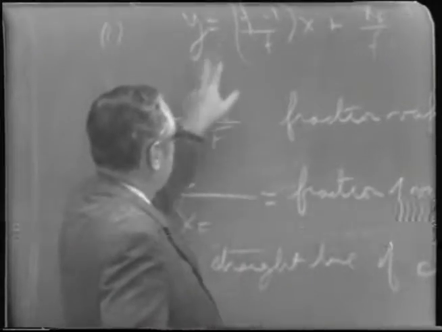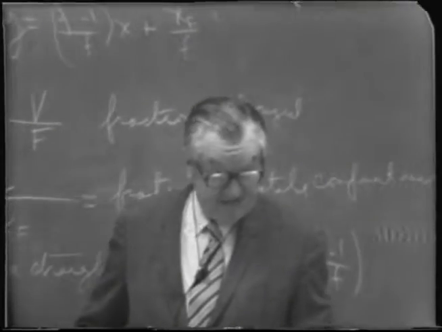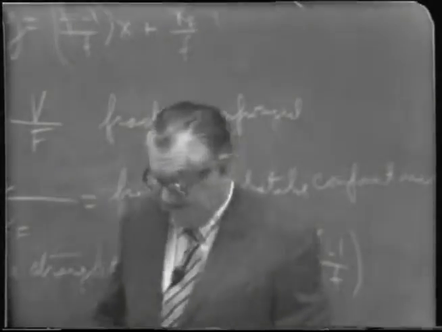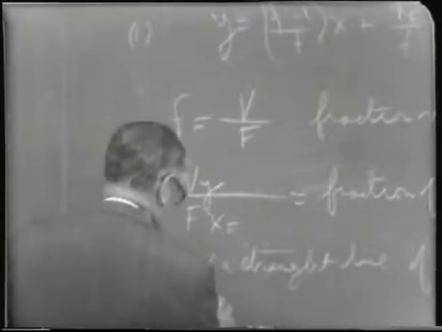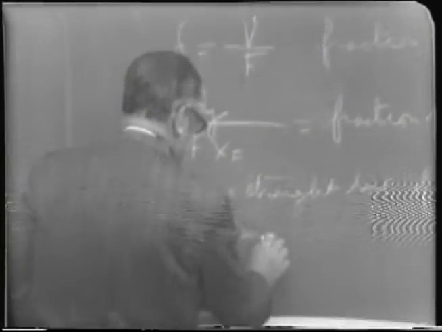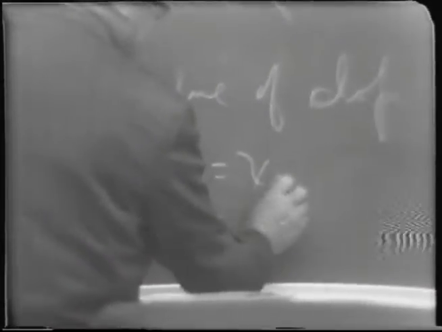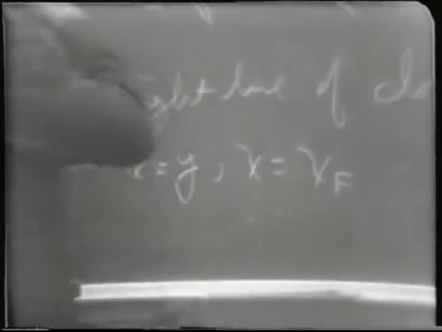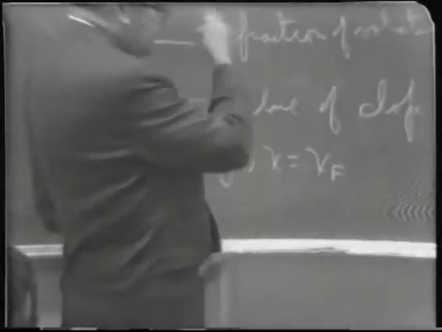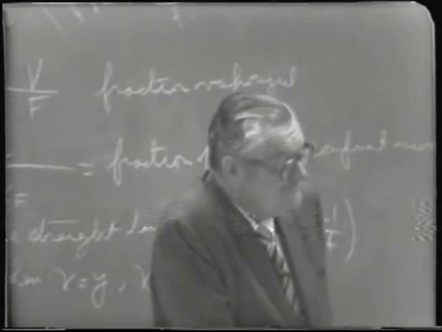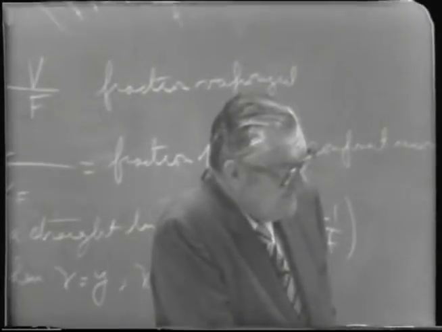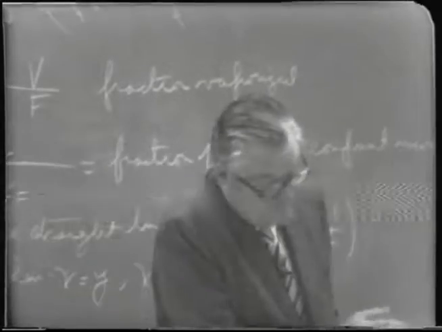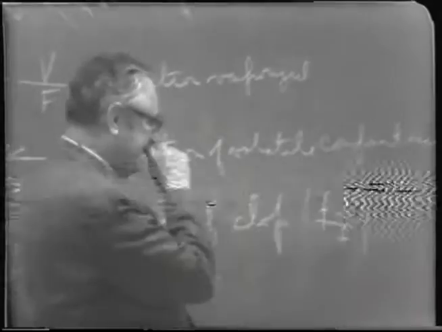Or if you let y equal to x and solve for x, as I've done here on this handout, you'll find that when x is equal to y, the value of x is equal to x sub f, which says then that this line passes through a point on the diagonal, if we're considering an equilibrium curve plot, at a value of x equal to y at the value of x sub f.